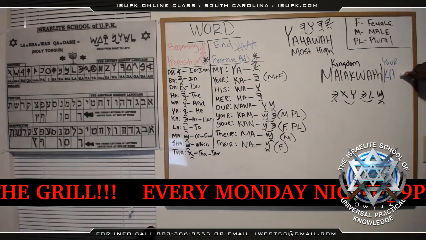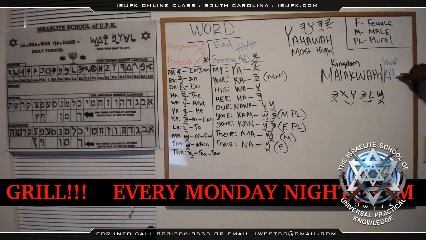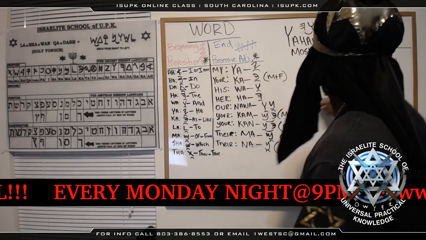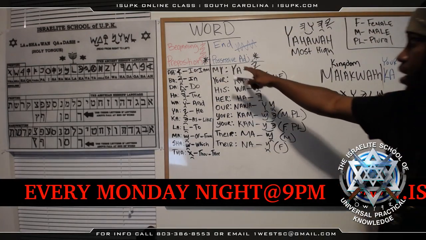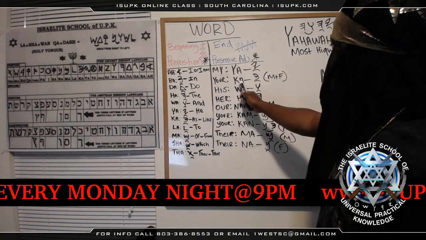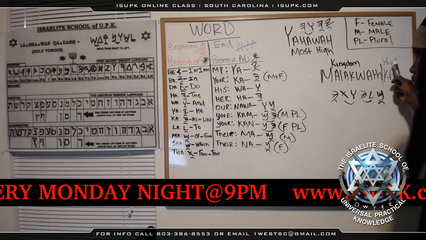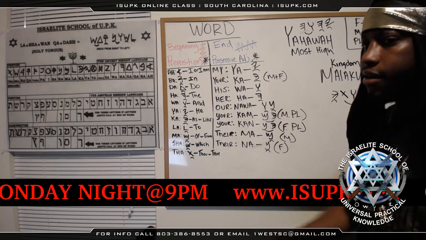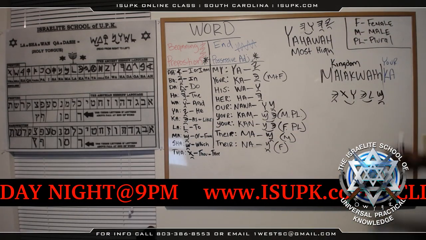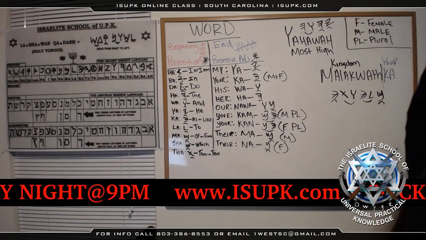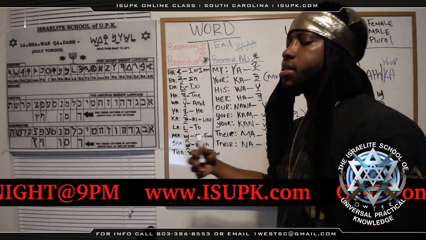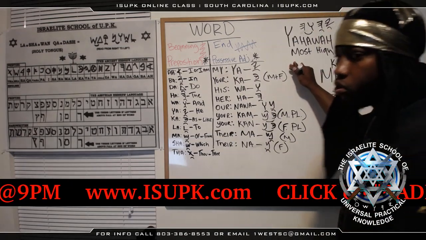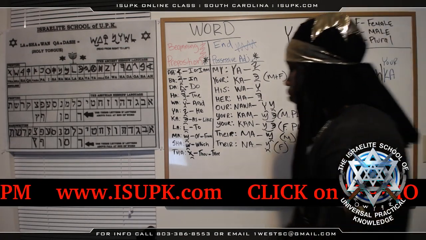Your is at the end instead of the beginning, because at the beginning Ka would be a preposition meaning as or like, but at the end it's a possessive adjective. So Ka at the end means your. You understand? Our Father, pertaining to heaven, holy be thy name, Yahweh, your kingdom. Your kingdom come.